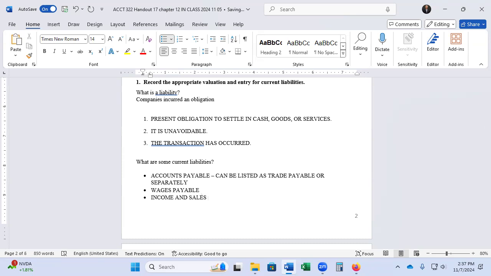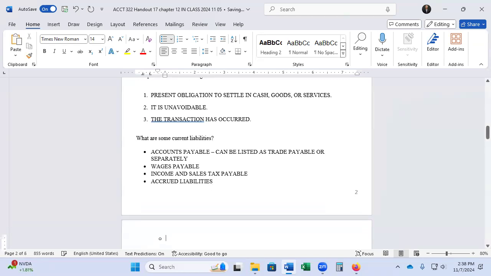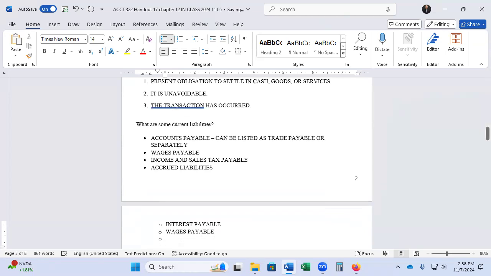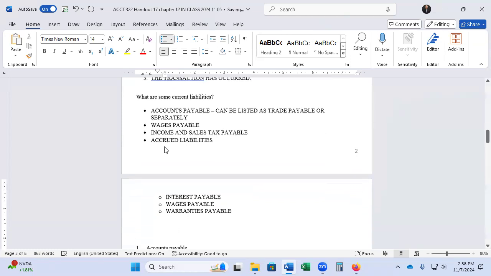Income and sales tax. Those are both separate, by the way. Income tax payable, sales tax payable. Those are two. And then accrued liabilities, which I just want to remind you about. There's interest payable, and wages payable falls under here because we've got to accrue it. Warranties. Those are some examples there.